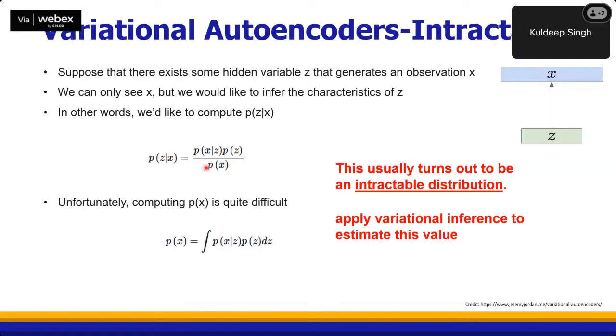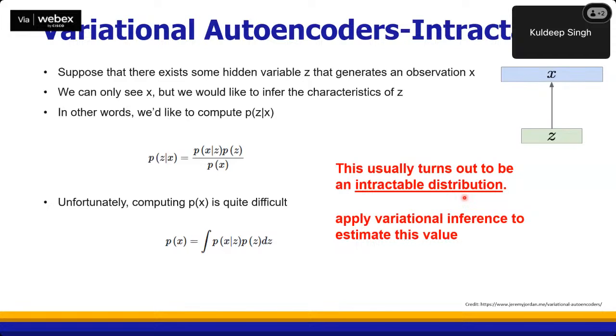But the problem is computing the probability P(X) is quite difficult, and that makes it an intractable distribution, which is the problem with us.